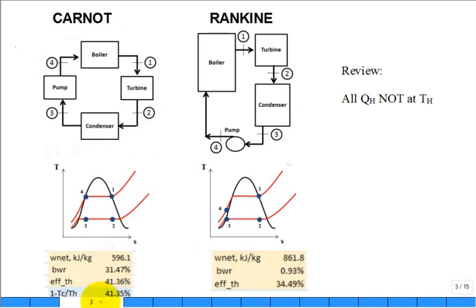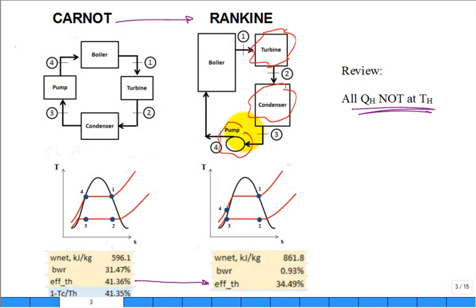So when we looked here, that was the big difference between the Carnot and the Rankine cycle. We noticed that, hey, we had a lowering in the thermal efficiency, and we really wanted to explain why. And it wasn't because of problems in the turbine. The turbine was great. It wasn't because of problems in the condenser. The condenser was great. It wasn't because of problems in the pump.